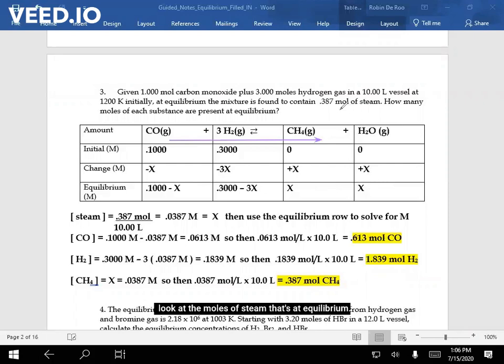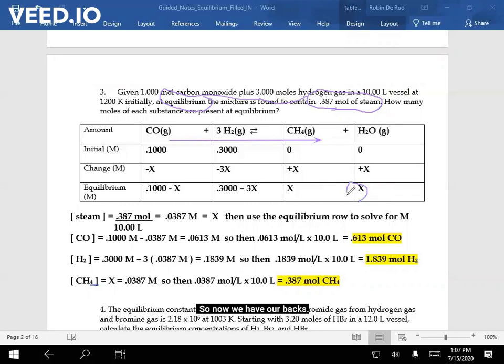So let's look at the moles of steam. That's at equilibrium. So they told us there's this many moles of steam specifically at equilibrium. So our concentration of steam is 0.387 moles over 10 liters. That gives us our molarity, and that's our x.